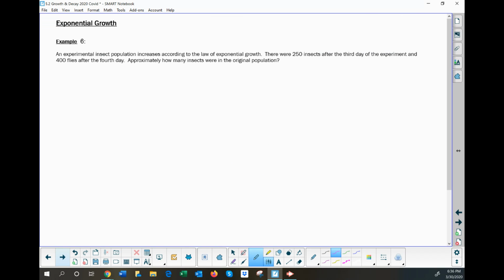Number 6. This one has an example where you're given 2 quantities, and how do you work through that? So let's do this example here. An experimental insect population increases according to the law of exponential growth. So y equals some amount e to the kt. There were 250 insects at day 3.